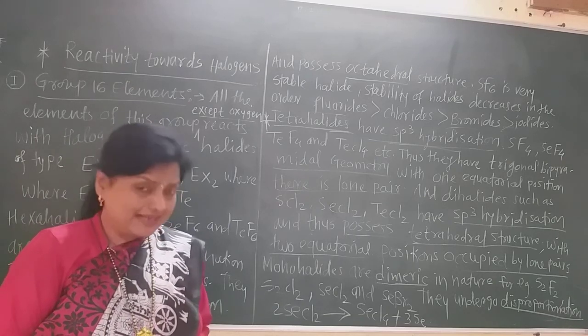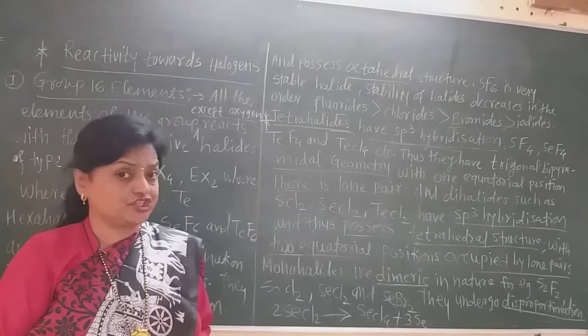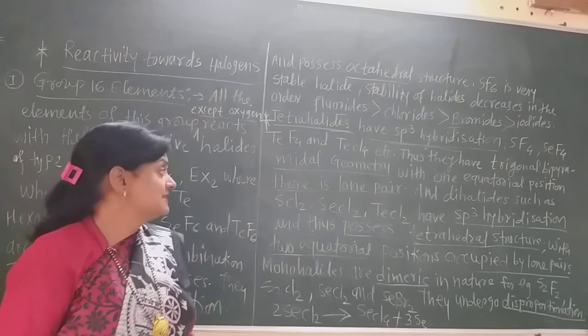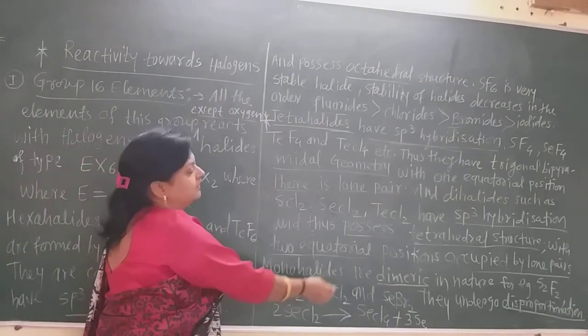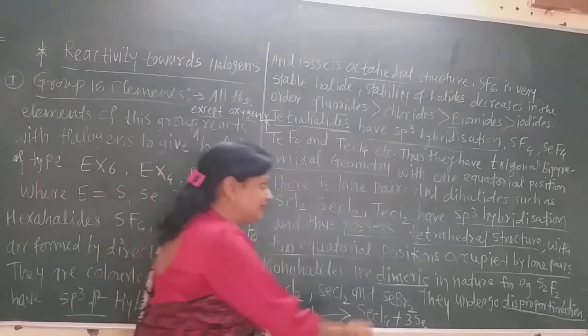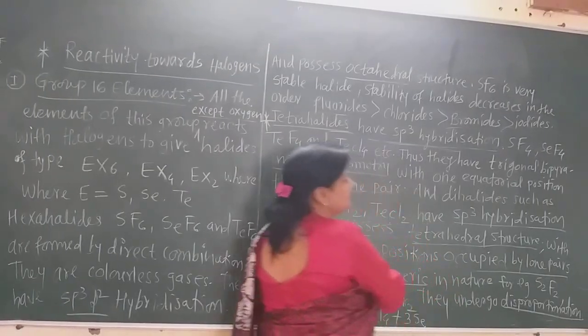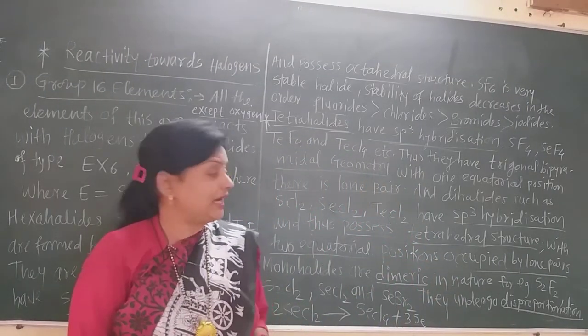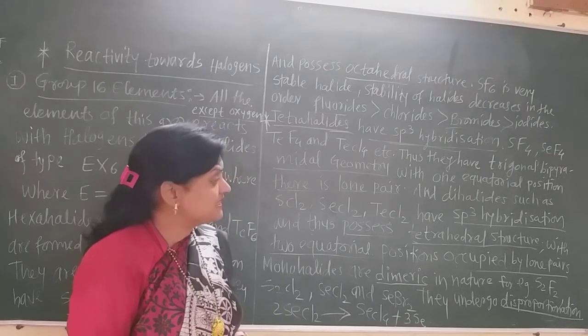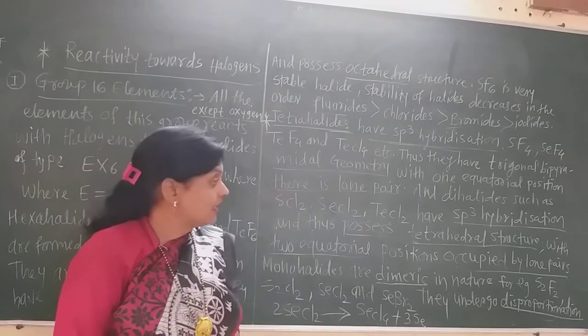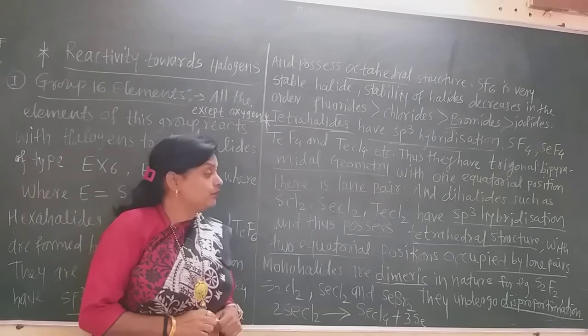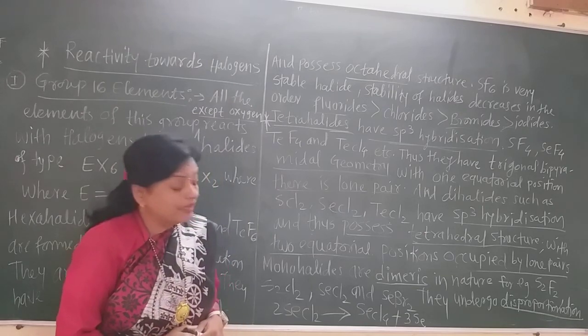And the dihalides are also there. Of these group 16 elements, there are the dihalides such as sulfur dichloride, selenium dichloride, tellurium dichloride, and all these also have sp3 hybridization and they possess the tetrahedral structure, with two positions occupied by lone pairs.